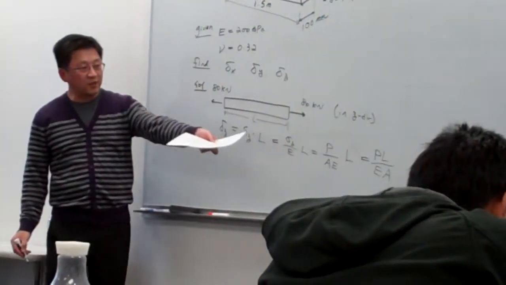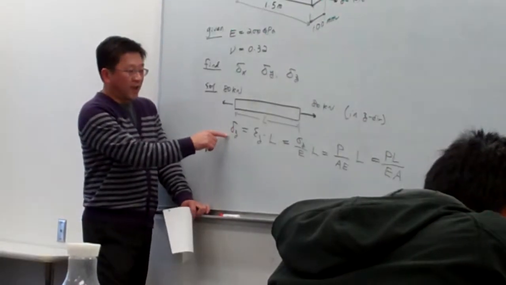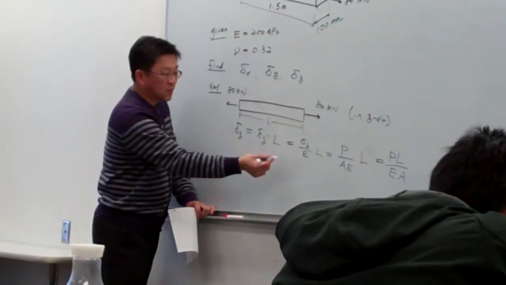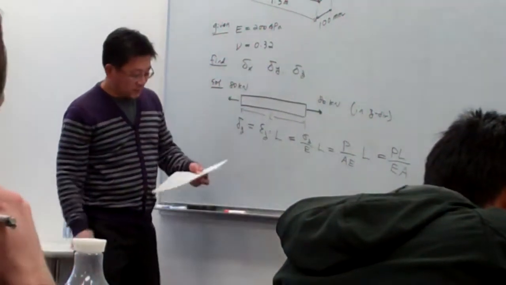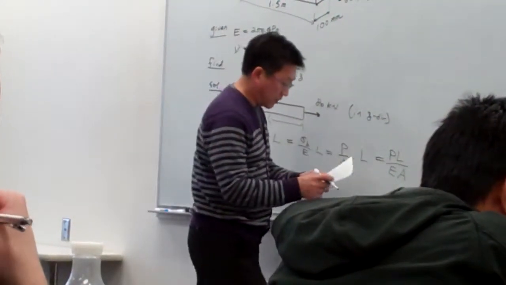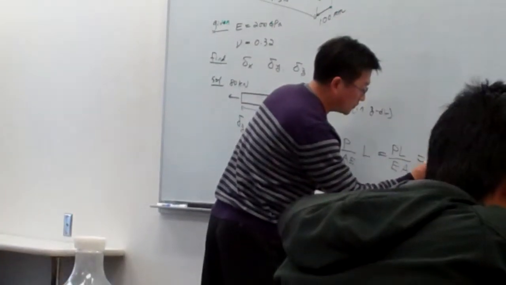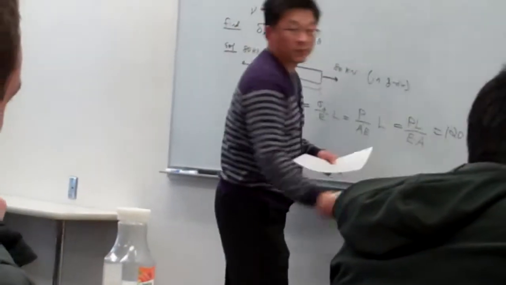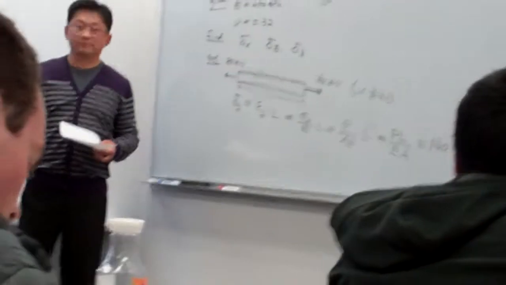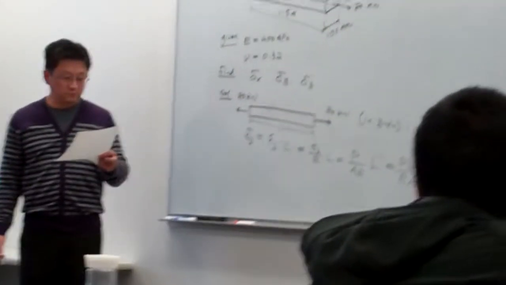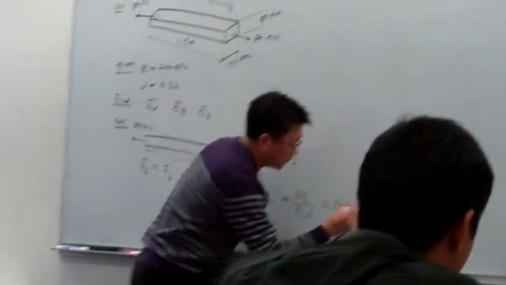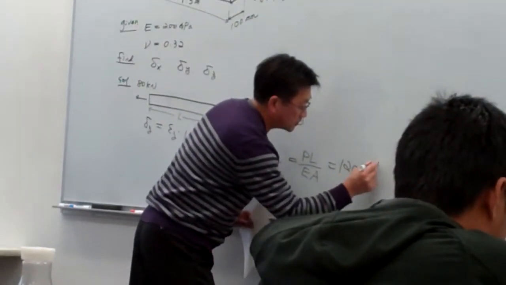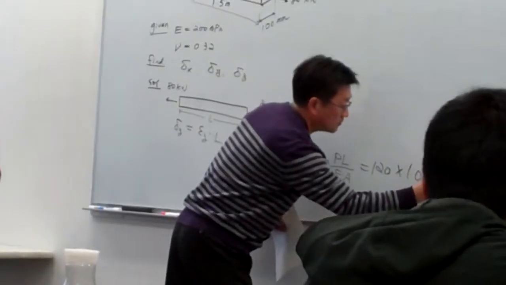Our equation PL over EA for the axial deformation actually comes from Hooke's law. For this calculation, delta Z equals 120 times 10 to the minus 6 meter.